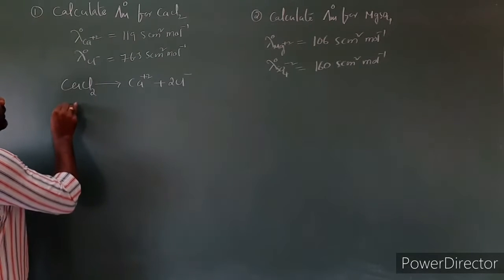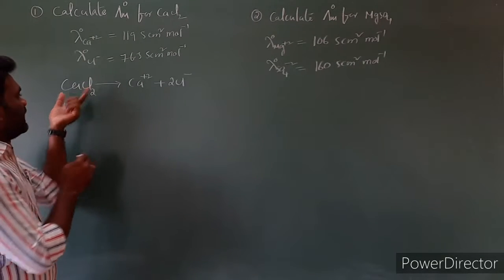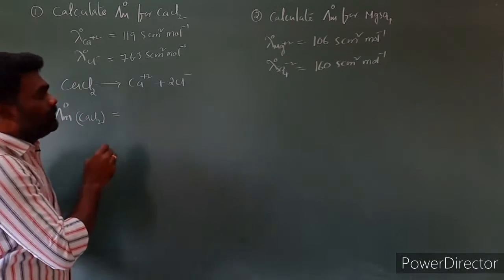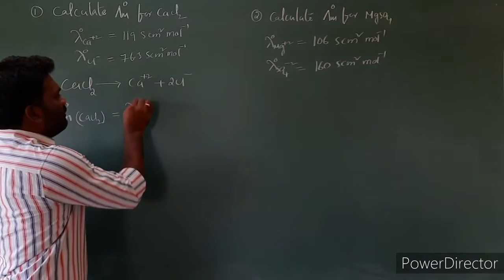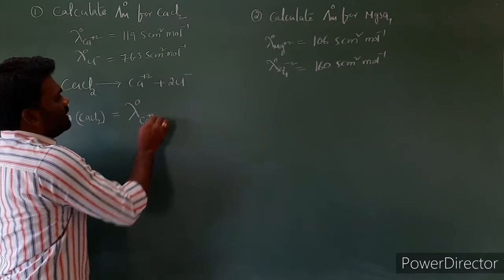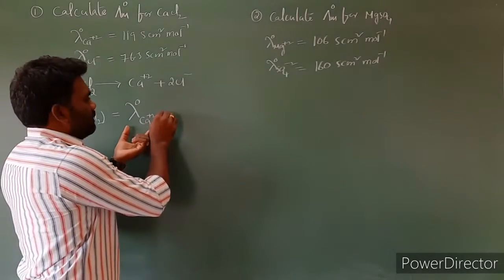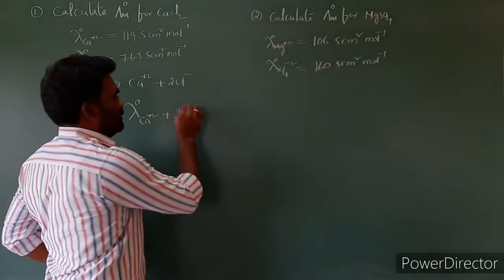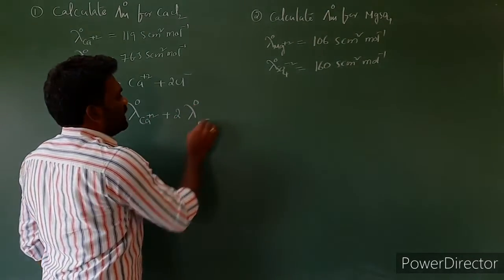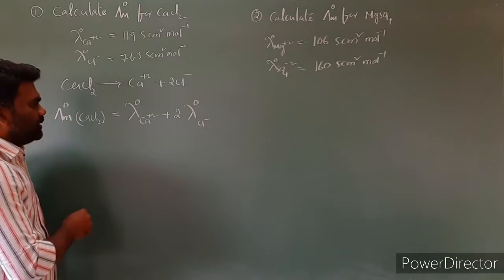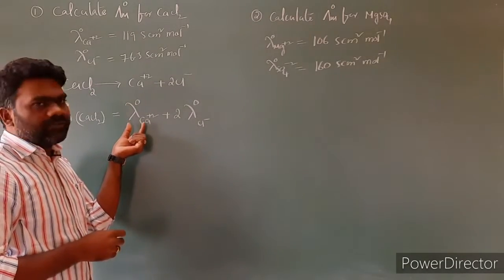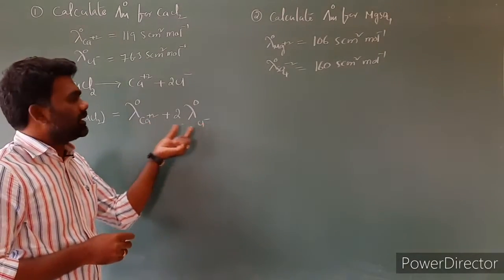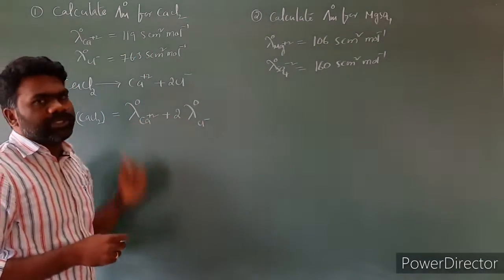Lambda m naught of CaCl2 is equal to lambda naught Ca plus 2, the limiting molar conductivity of cation, plus 2 into the limiting molar conductivity of anion, lambda naught Cl minus. This is the equation we required. The values of lambda naught Ca plus 2 and lambda naught Cl minus are given, so we can substitute those values in this equation.